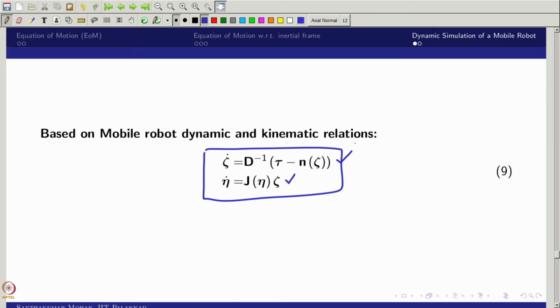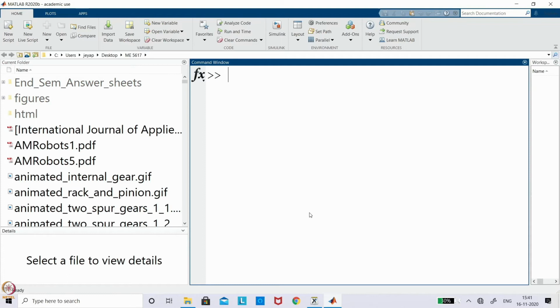Then I will make another loop which will be doing the eta dot integration. So in the sense, I am trying to do this in MATLAB. So now we will move to the MATLAB window, then we can see how that works. So now I am opening a new script.